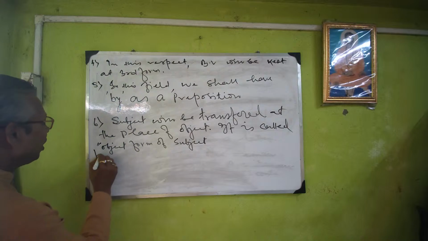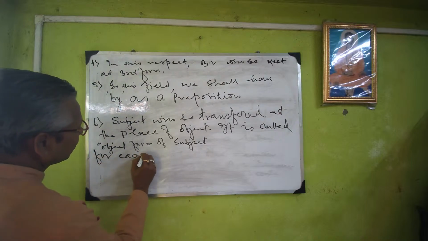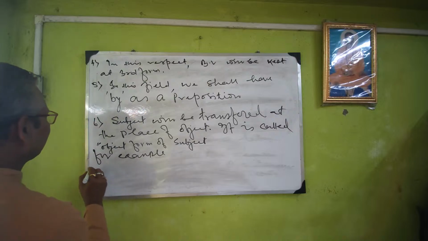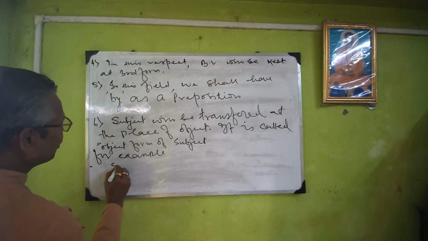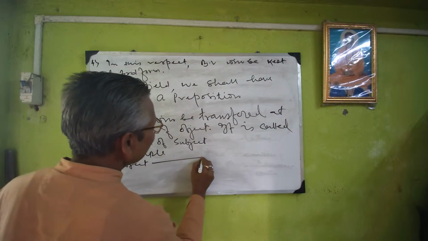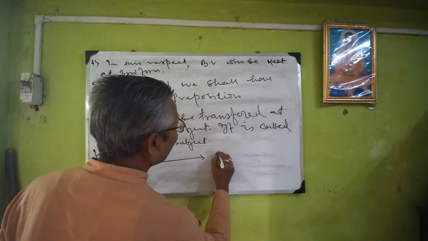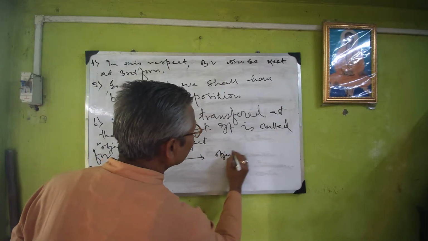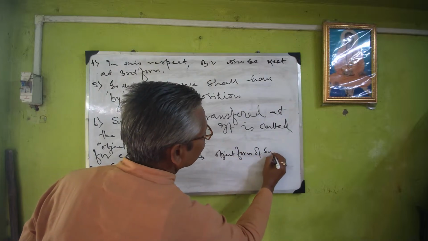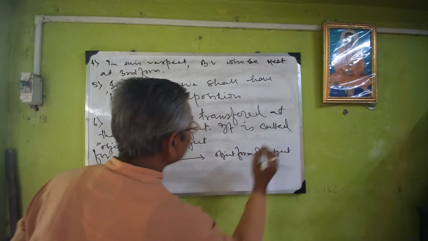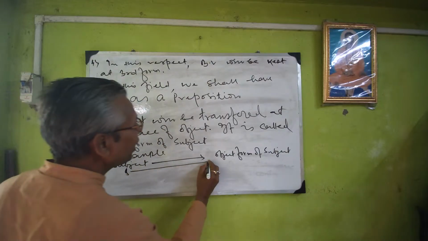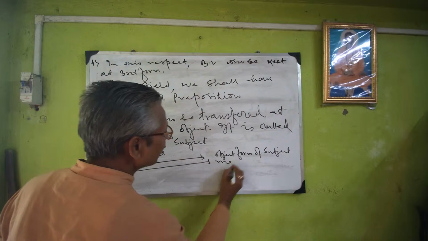For example, subject arrow hyphen object form of subject: I, arrow hyphen, me.